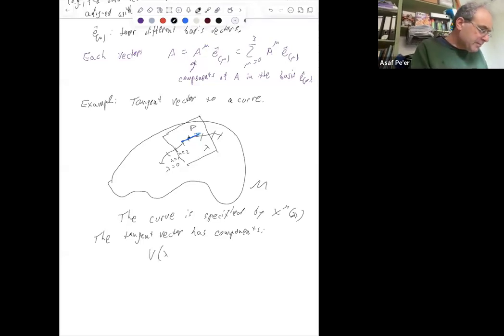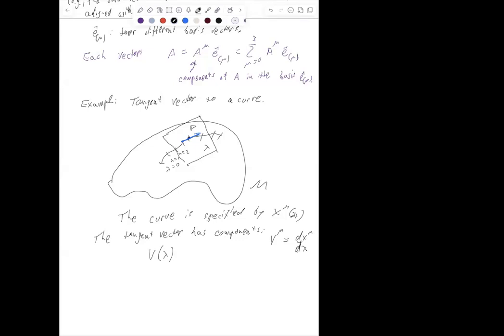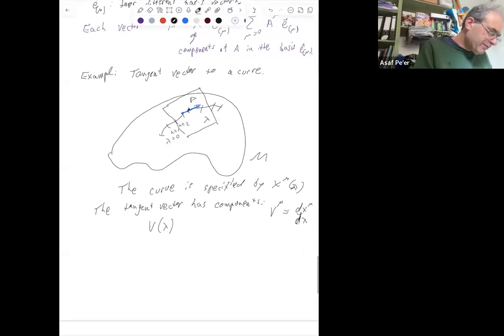The tangent vector is v of lambda. There's nothing really that I can do except the only basic things: v mu equals dx mu over d lambda. There's nothing else that can be done. And the vector v is just v mu e mu.